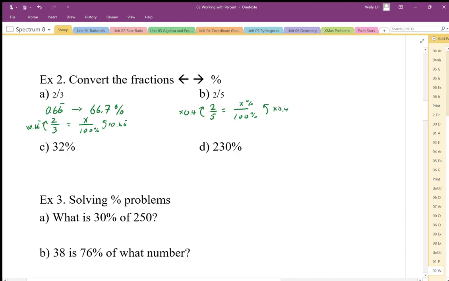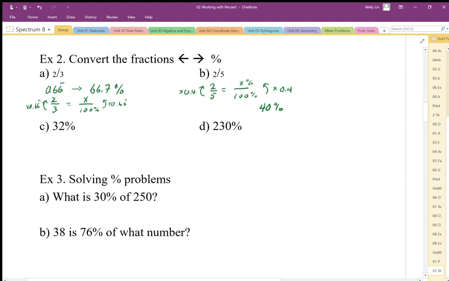Okay, that's 0.4. Okay, that 0.4 represents 40%. So this is 40%. Okay, so we can divide and come up with our decimal multiplier and convert to percentage. Make sure we can put it in a proportion.